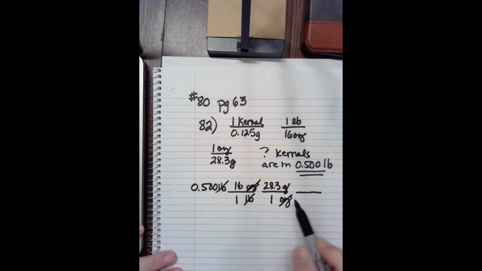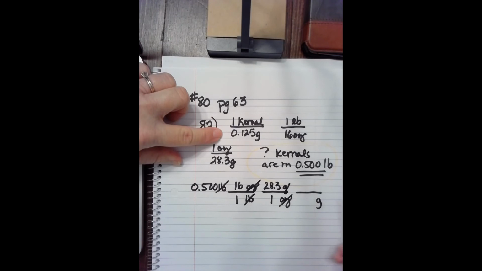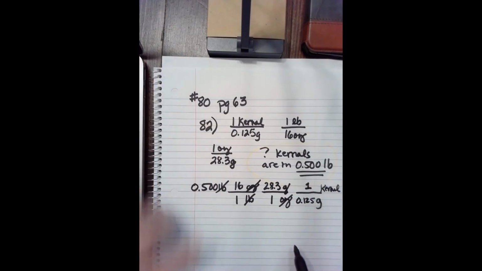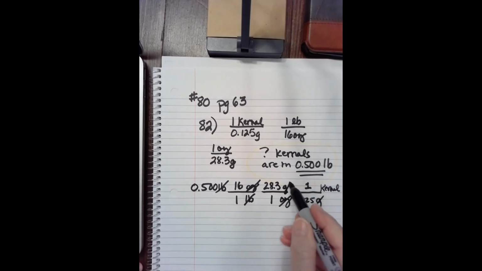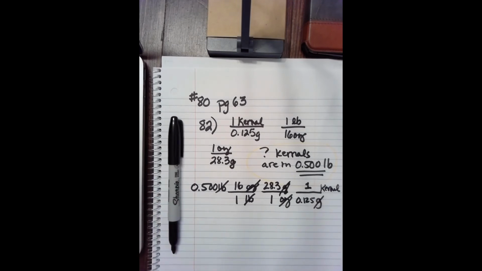Now I've got grams and kernel. So let's put that 1 kernel is 0.125 grams. Now gram cancels. Now I can put down my pencil, and I'm ready to pick up my calculator.